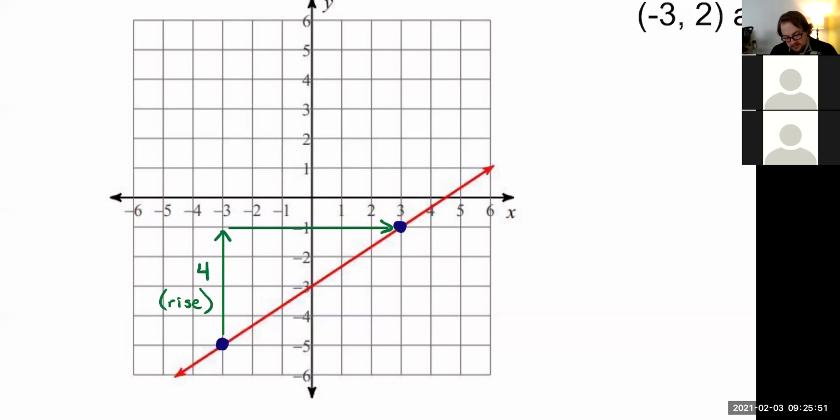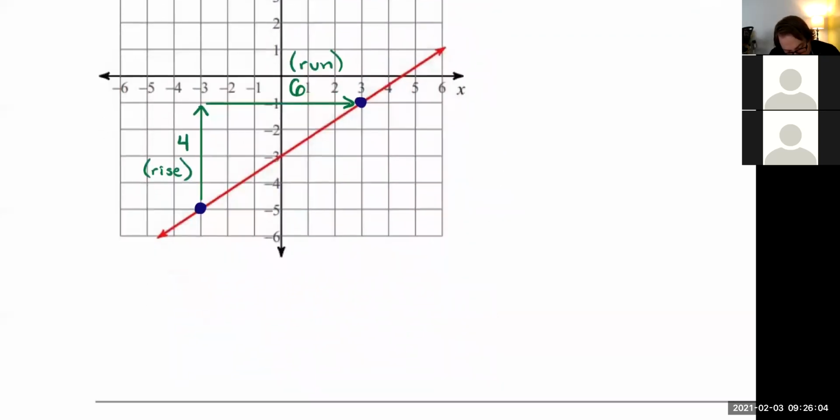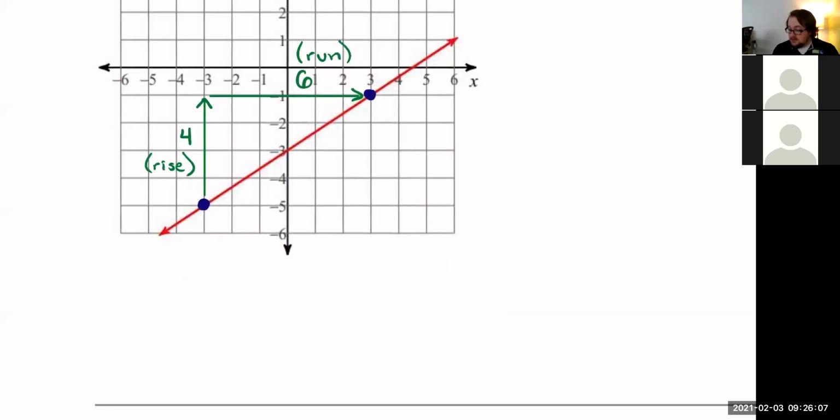So 6 units to the right. Right is a positive direction. So I'm going to write my 6 right here. This is going to be my run. Now, according to the notes up above, rise over run is all I need to evaluate slope. So if I think of that relationship, rise over run, in our scenario here, our rise was 4, our run was 6.